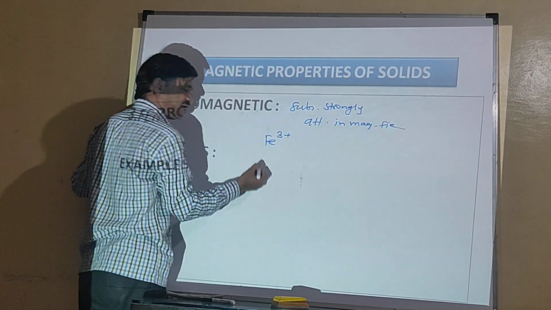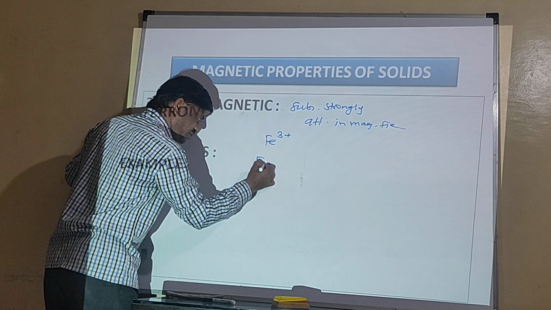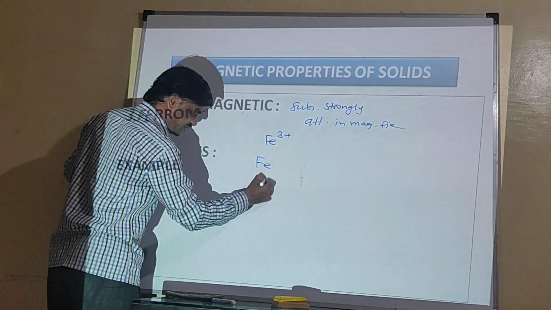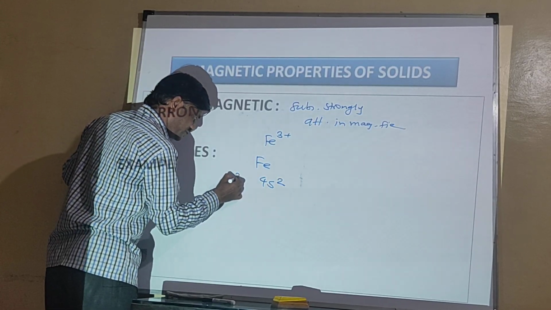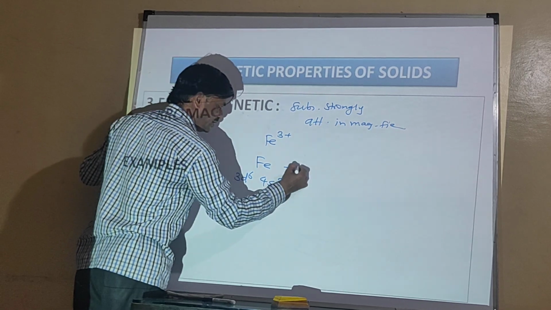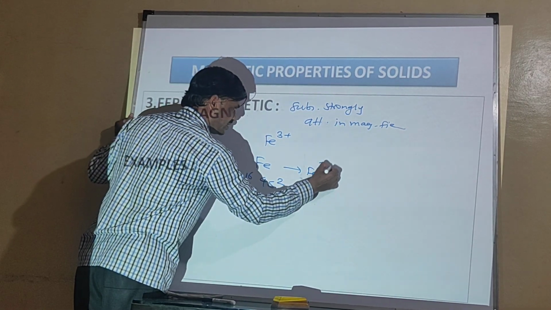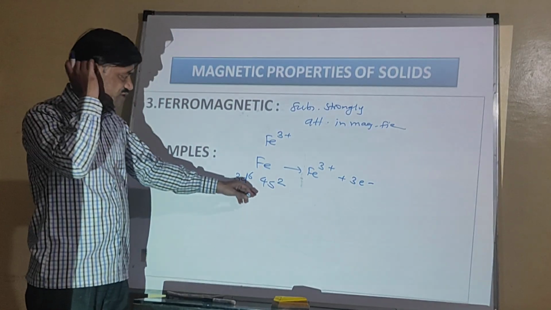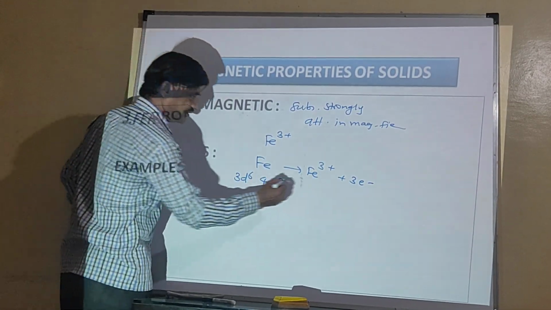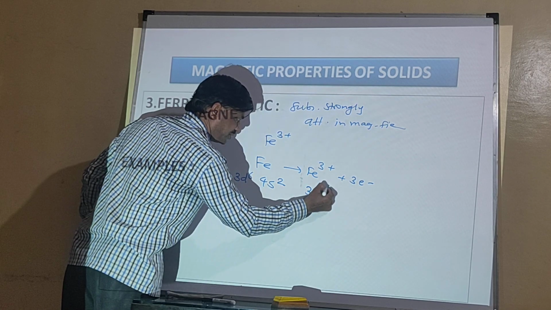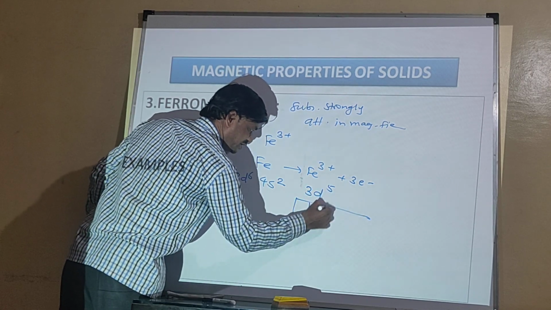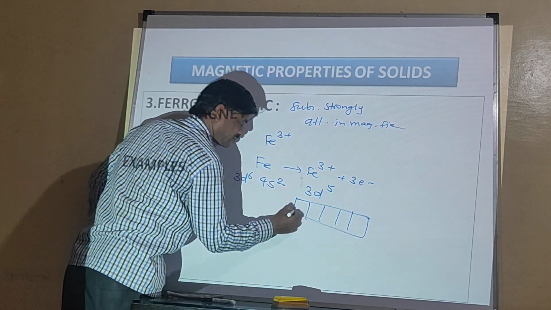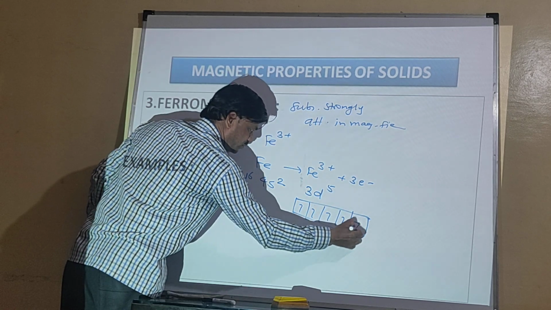Fe plus 3. Tell me, what is the atomic number of Fe? 26. What about configuration? Argon 4s2 3d6. In order to form Fe plus 3 ion, how many electrons should be lost? 3. So 2 electrons lost from 4s, 1 from 3d. So what are you getting here? 3d5. Now check the 3d5 configuration: 1, 2, 3, 4, 5.